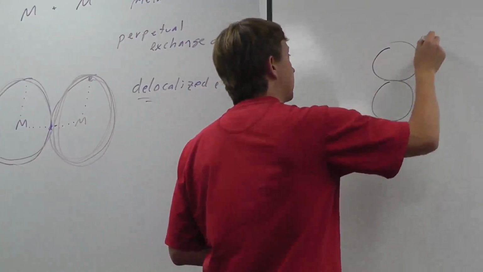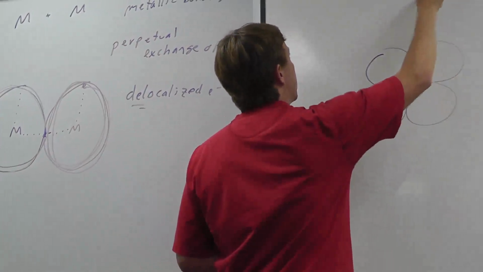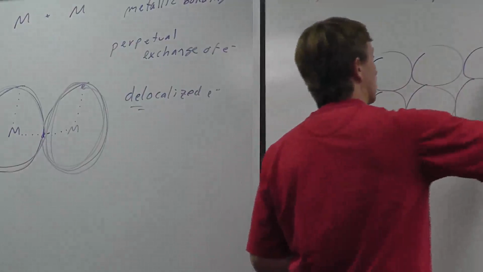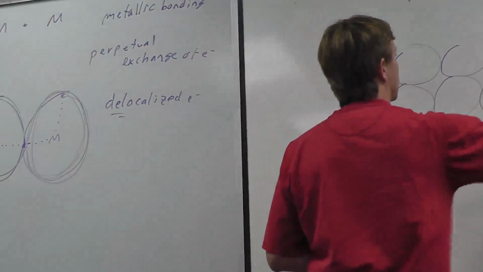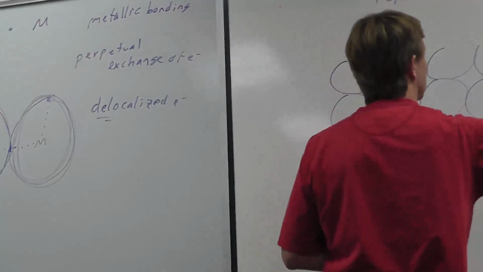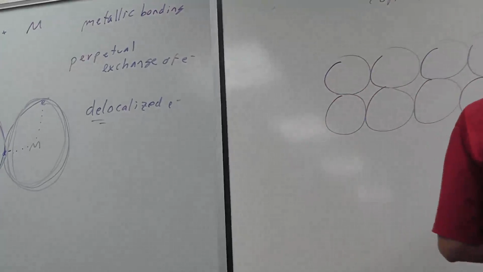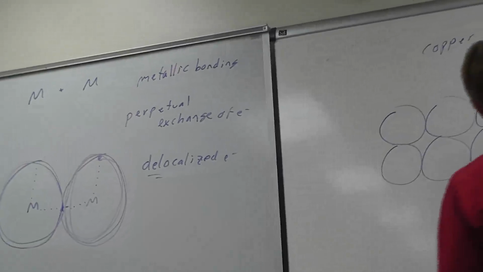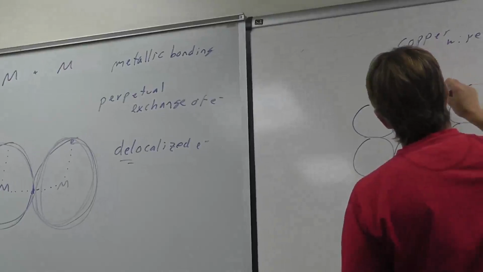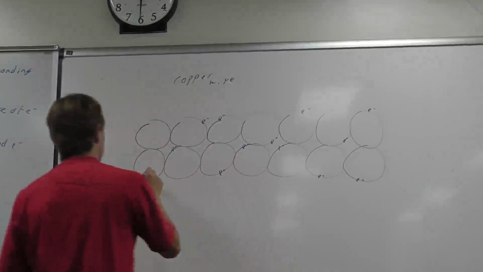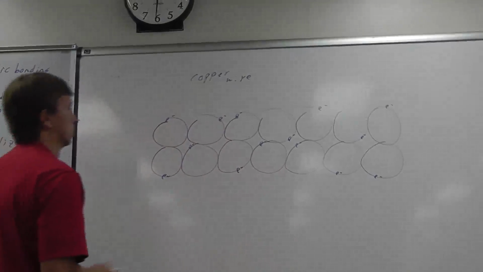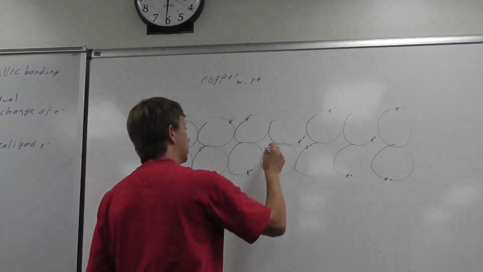So if these are atoms of a metal, let's say this is a copper wire. And we'll focus in on this electron right here.